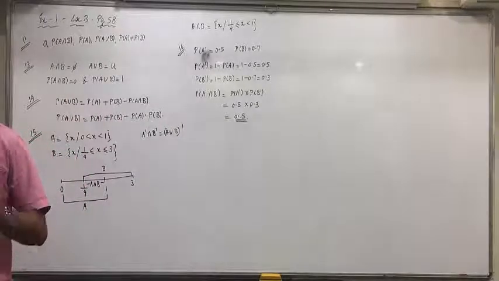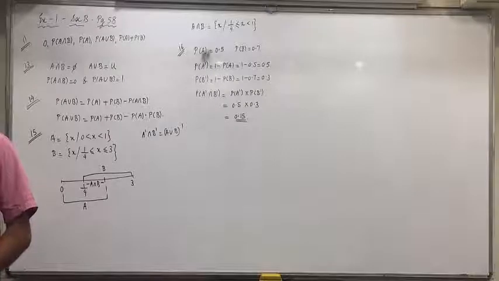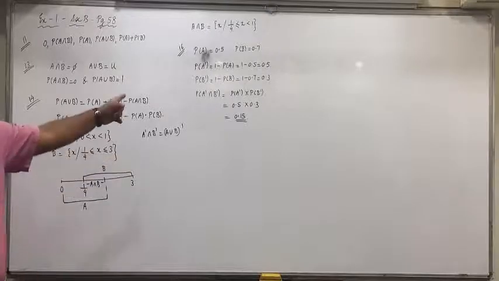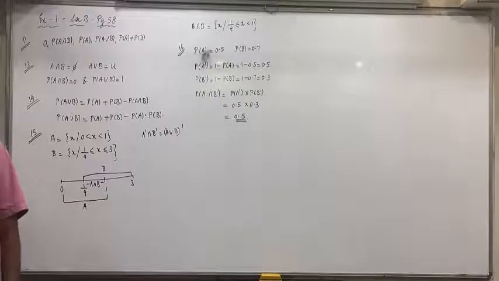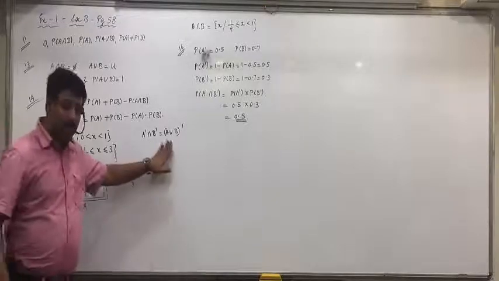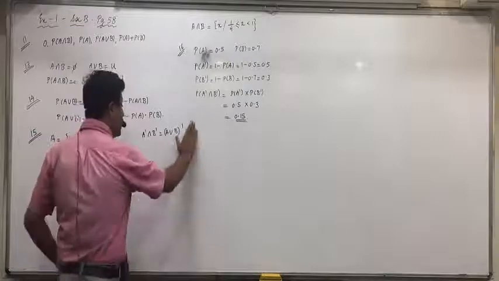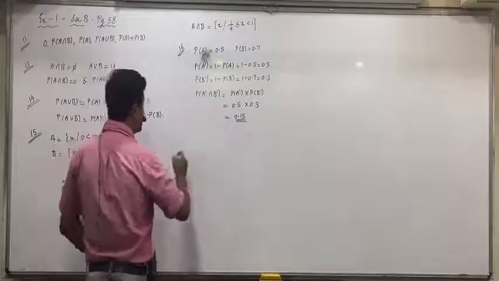When events are not independent. Here they are independent, so we did A not into B not. If they are not independent, then there is no other option but to do only in this manner. Okay? That will also come in the chapter. I'll see how many of you remember.